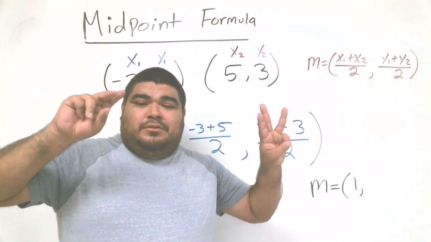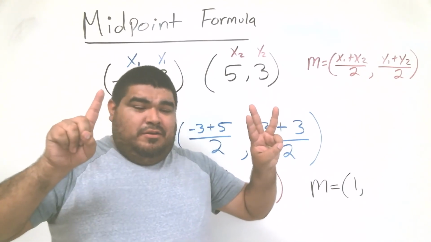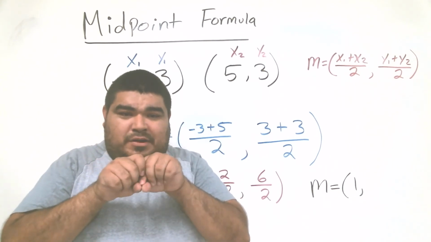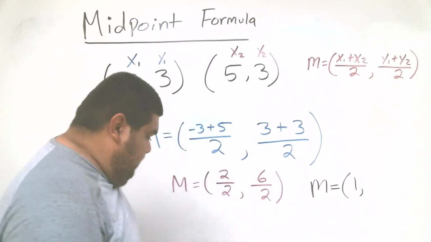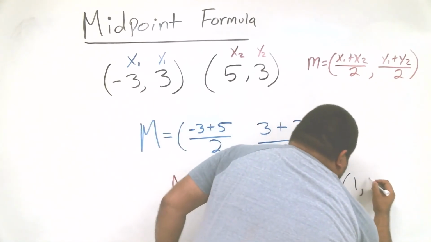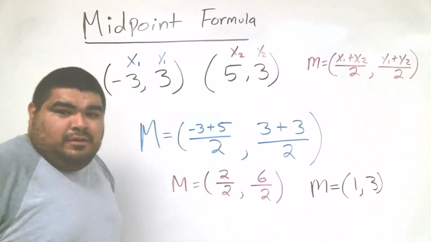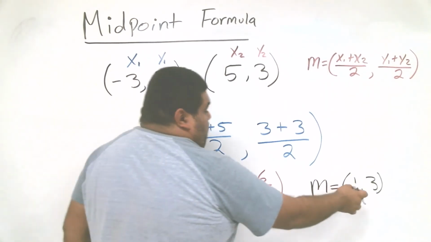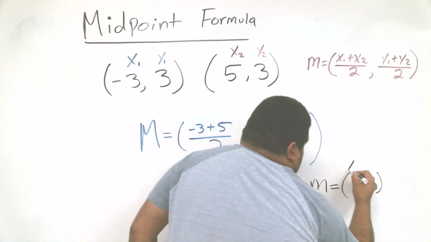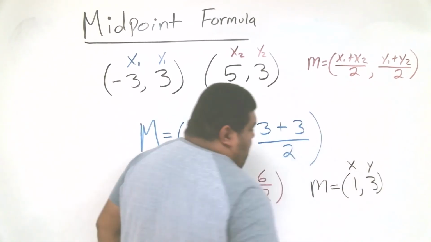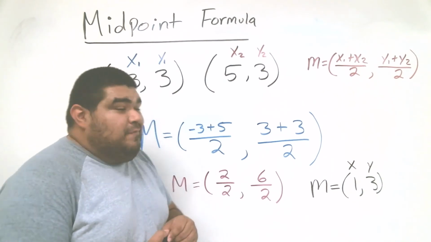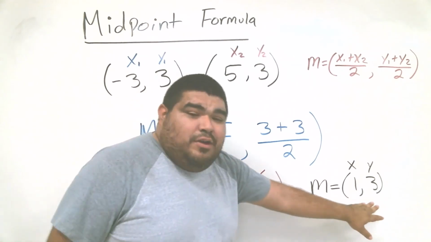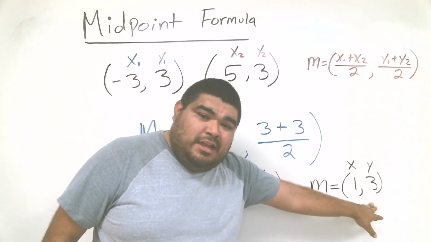If we get down 2 from here, that's 1 pair. And then we get 2 down from here, that's 2 pairs. And then we have together 1 more pair, right? So we have 3 pairs. So 3. So wherever these 2 points meet halfway, it's at 1 and 3. So x and y. If we were to graph these points, the first one and the second one, the halfway to them would be located at 1, 3.